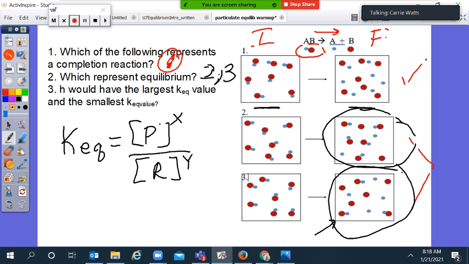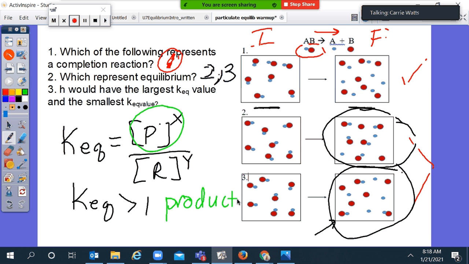Remember, if K equilibrium is greater than 1, that means the products are favored. Think about the math there: more products than reactants. If the K equilibrium is less than 1, you would have a big denominator.